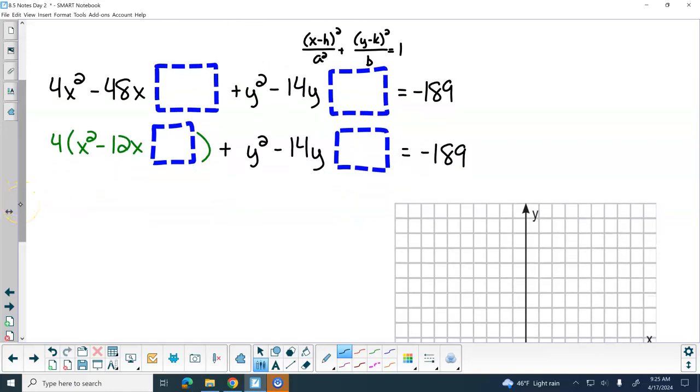So let's look at the green b first. What is my x b value?